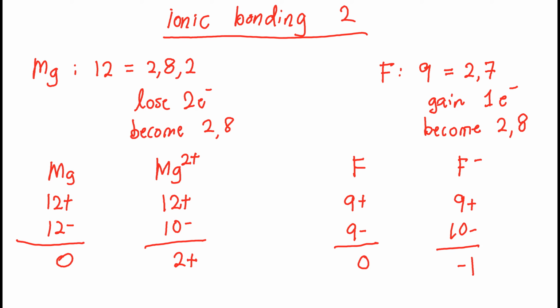Now, how is a magnesium ion and a fluoride ion going to come together to form a compound? Now remember, the magnesium atom has to lose 2 electrons in order to become stable.